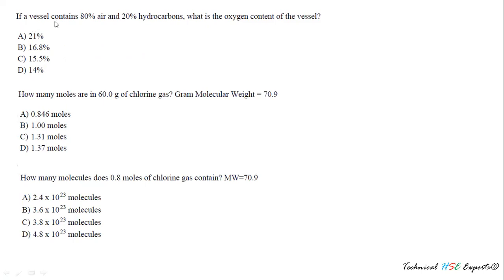Before going on to this slide, how much oxygen is present in air? There is 21 percent. If we speak in fraction, it is 20.9. So here they ask, if a vessel contains 80% air and 20% hydrocarbon, what is the oxygen content of the vessel?